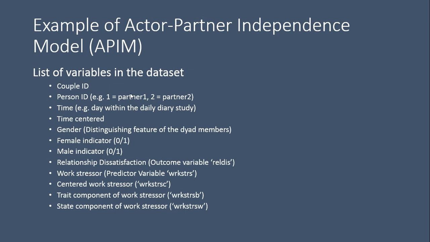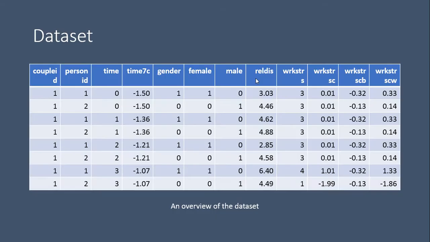These basically decompose the work stressor into variables where the trait component explains the between variation, and the state component expresses the within component variation of stress between the partners and dyads.